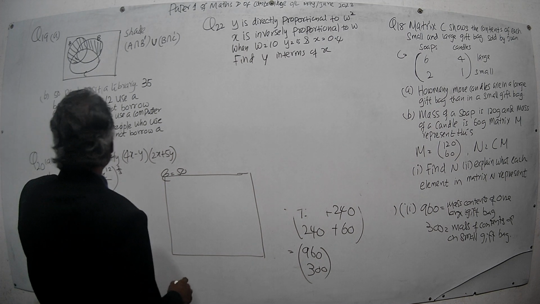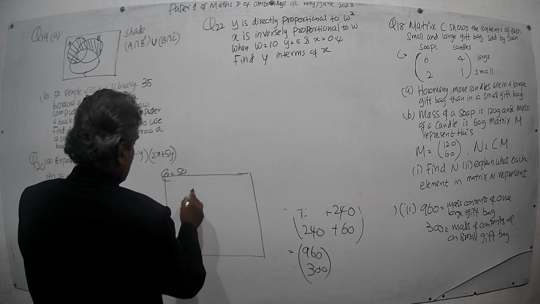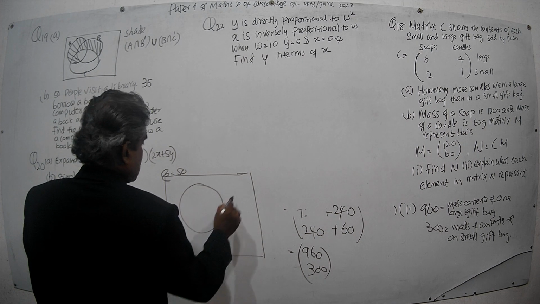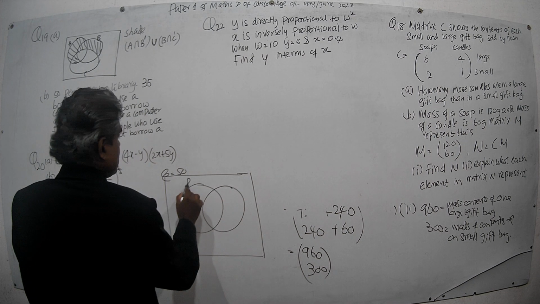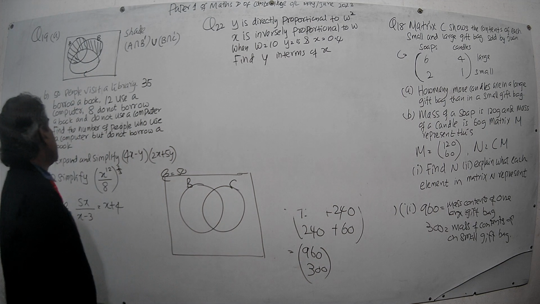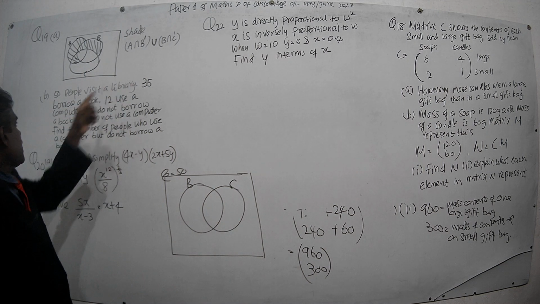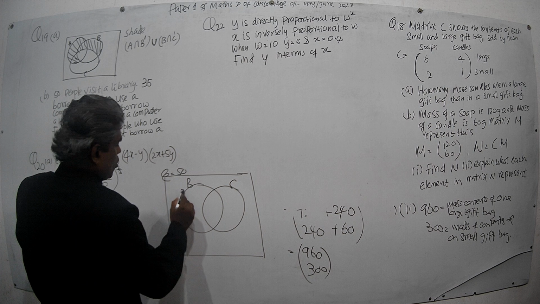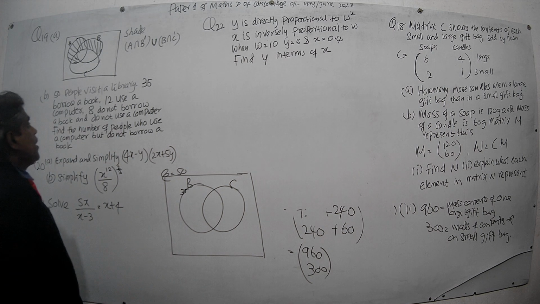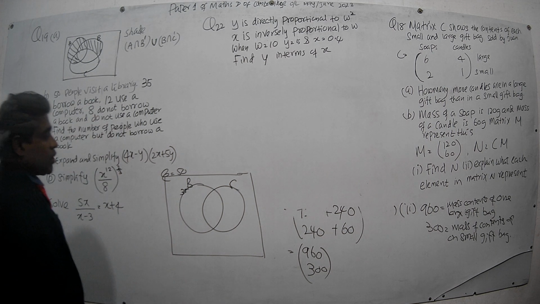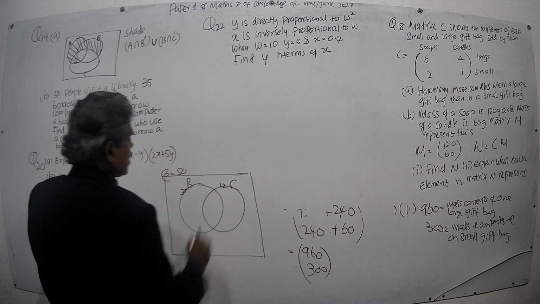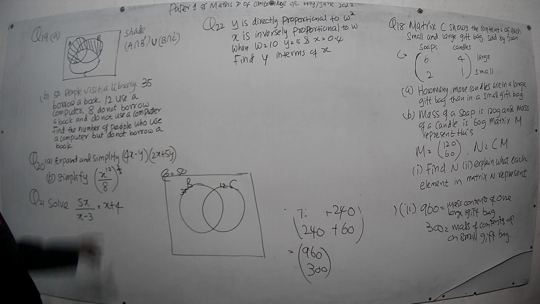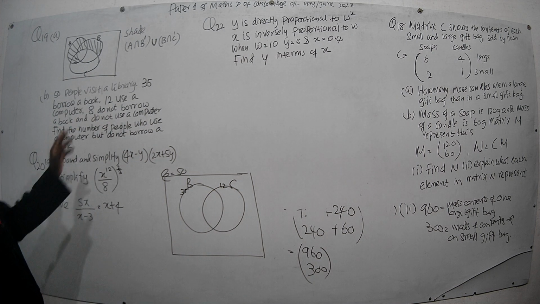There are two subsets here, a book and a computer. Let's say book B, computer C. They say 50 people, then 35 borrow a book, so this whole ring is 35. Then 12 use a computer, so that whole ring is 12.